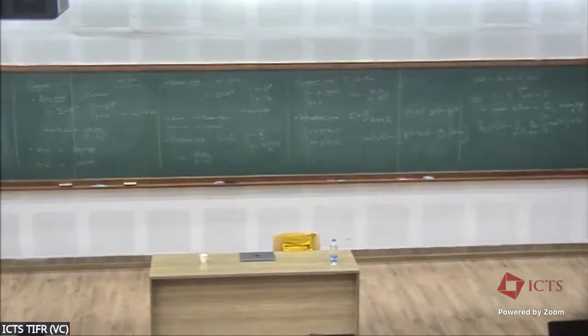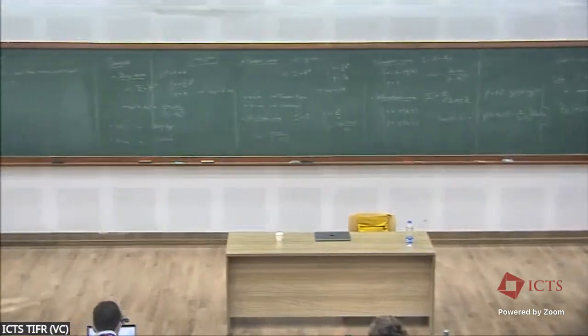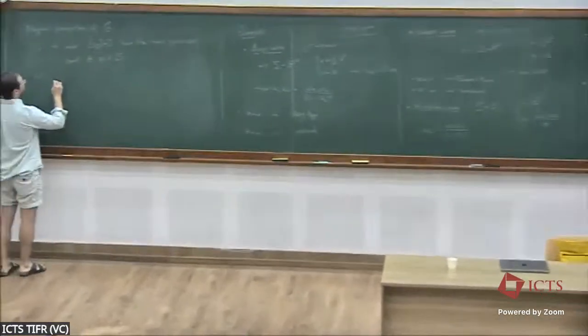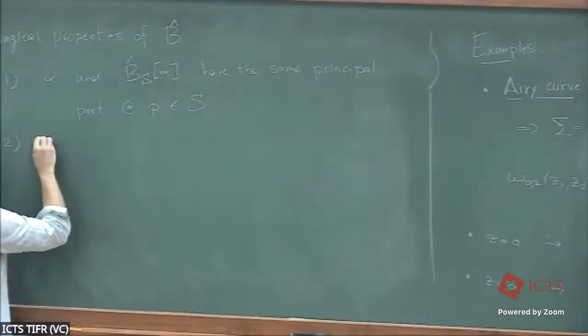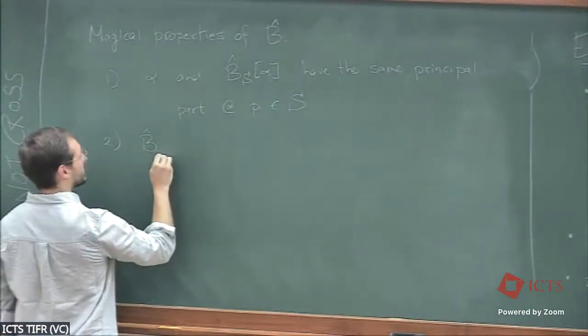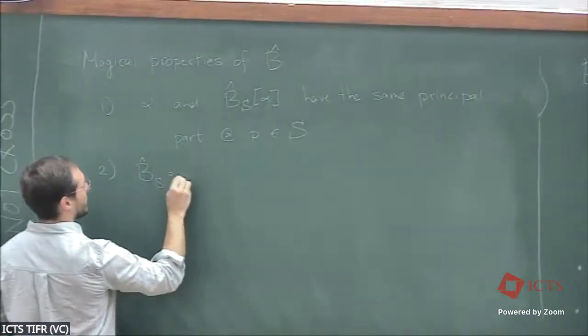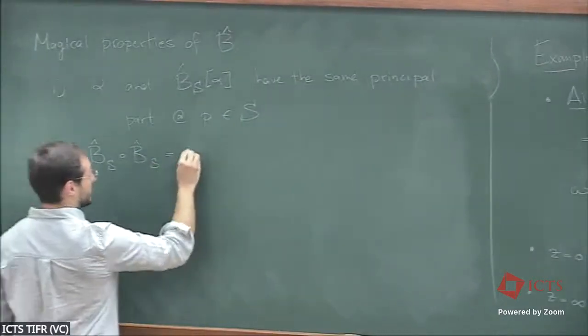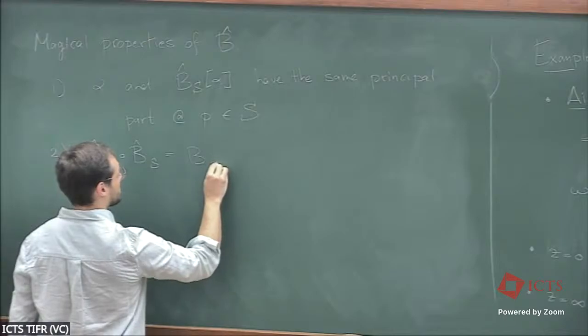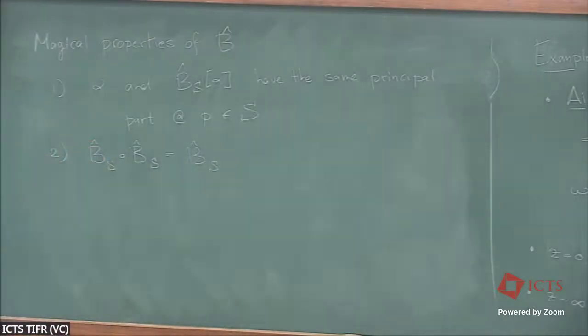Cool. So the second property is the fact that B is actually a projector. If you take B hat and compose it with itself, then the result is B hat again. This is the same as saying that B is a projector.